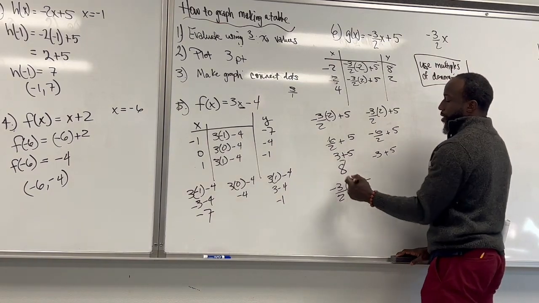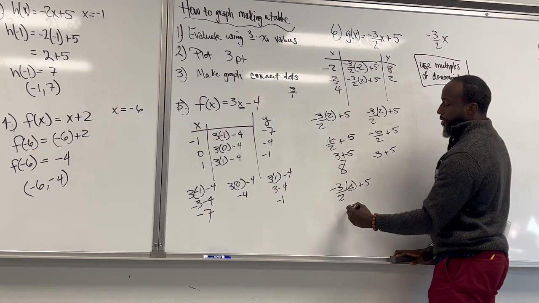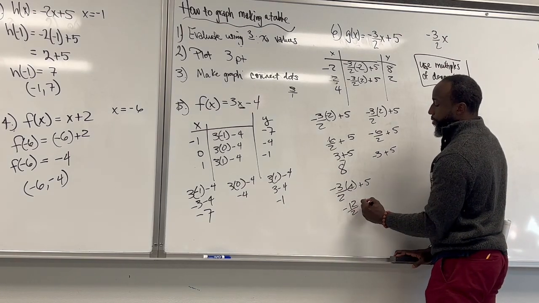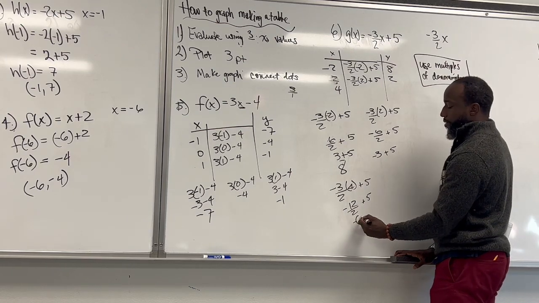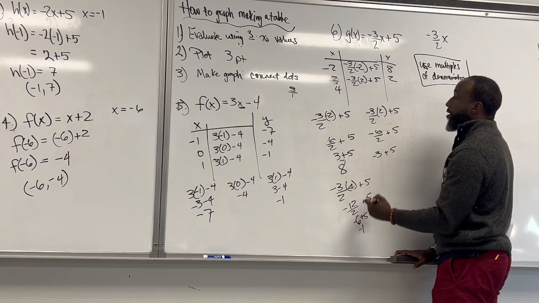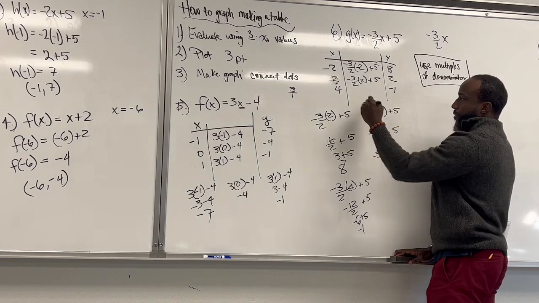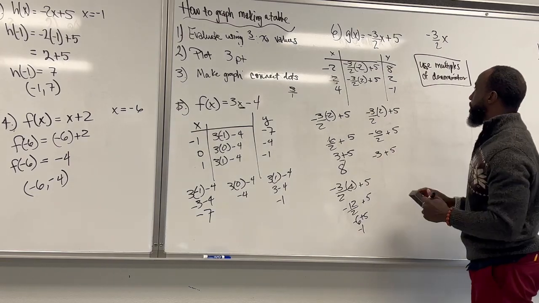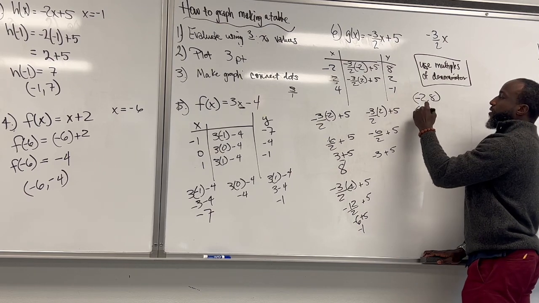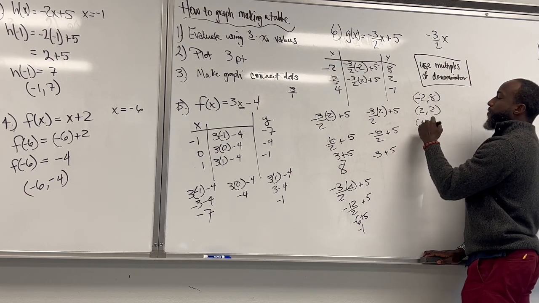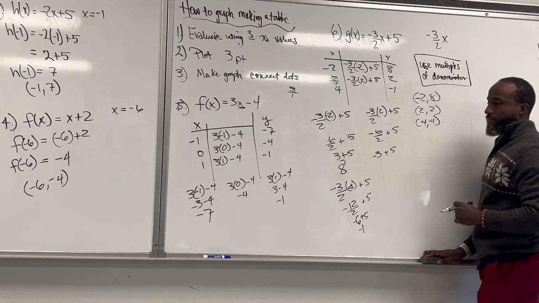Right? 3 times 4 is -12 over 2. -12 over 2 is -6 plus 5 is -1. Right? So your points are -2, 8, 2, 2, and 4, -1.